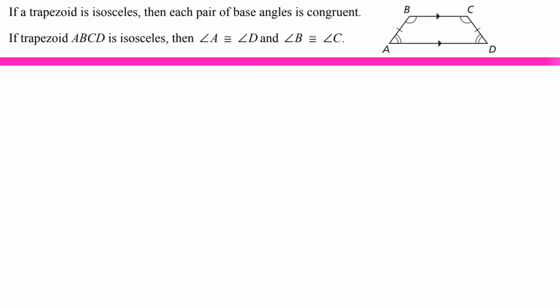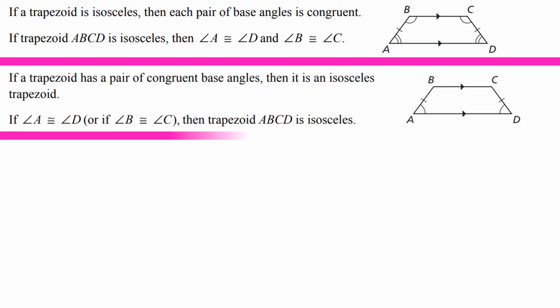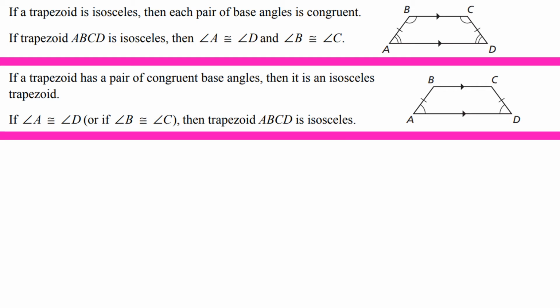And if you're wondering why we paired up those base angles, well, if it is an isosceles trapezoid, those base angles have to be congruent. Or, if we know there's a pair of congruent base angles, and we know it's isosceles, if a trapezoid has a pair of congruent base angles, then it has to be isosceles, right?